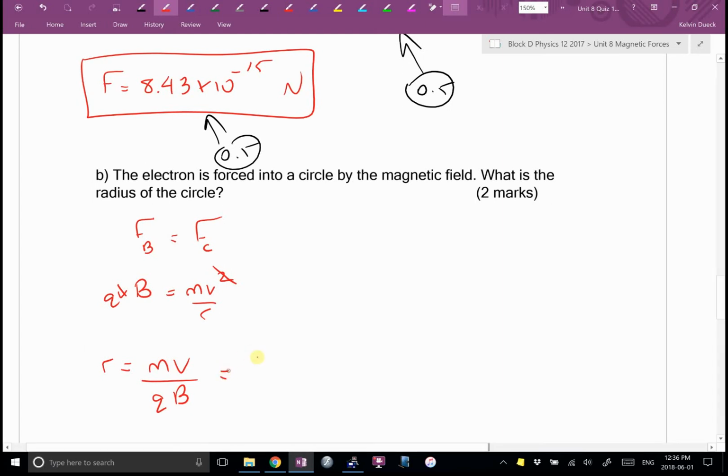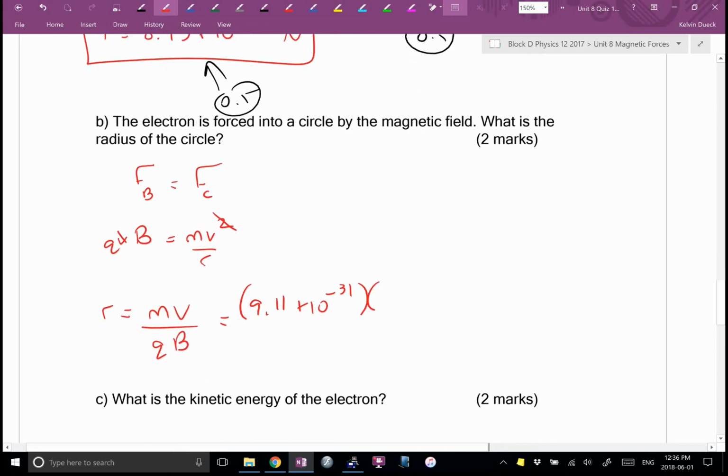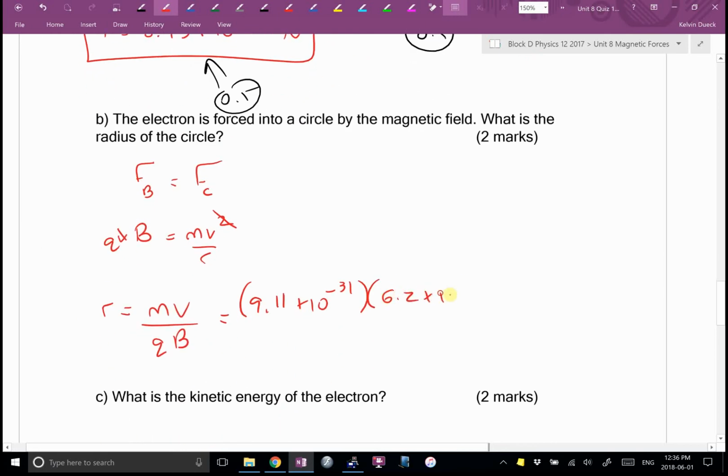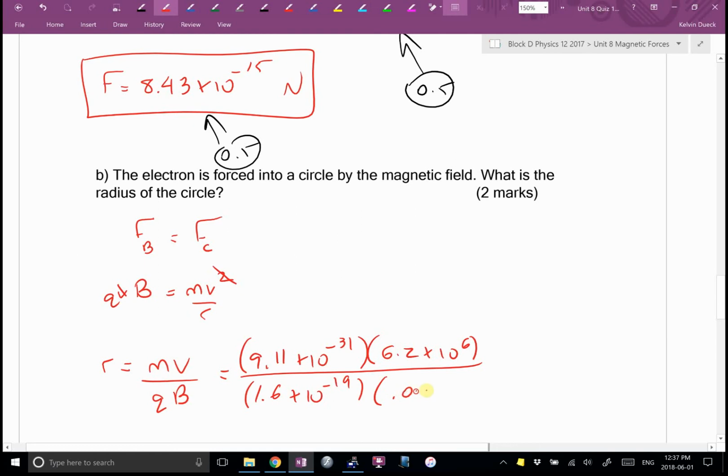Mass, it's an electron, 9.11 times 10 to the negative 31. v, 6.2 times 10 to the 6th. q, it's an electron. B, 0.0085.